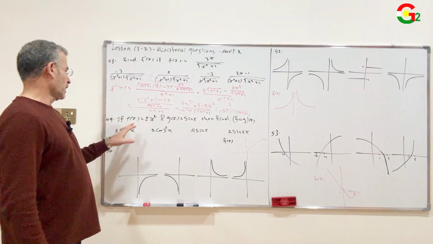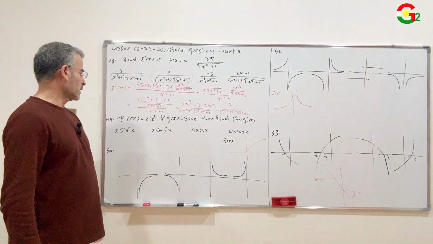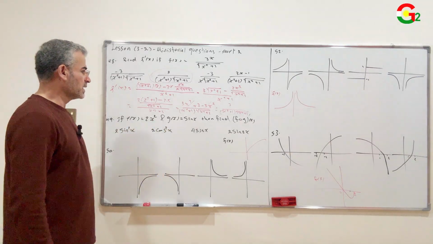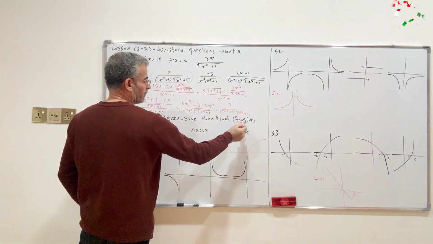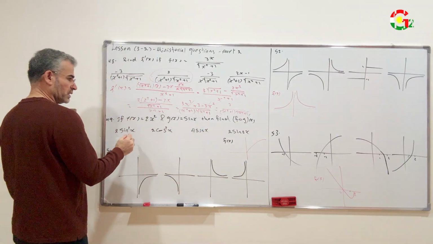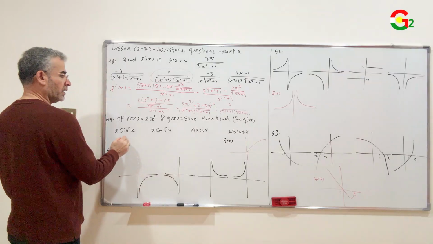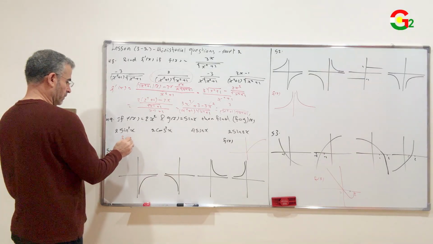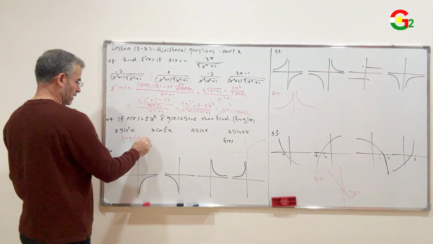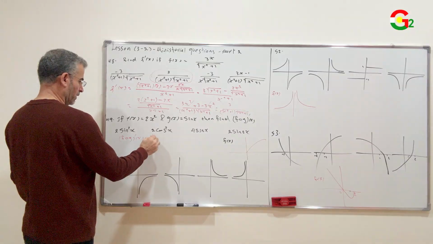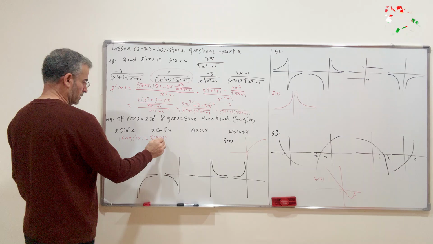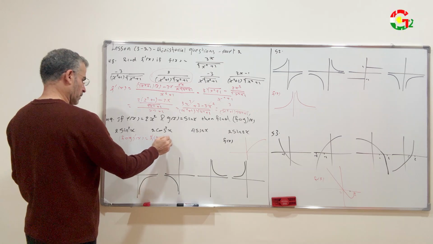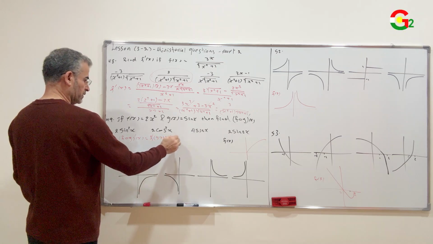Question number 49. If f of x equals x^2 and g of x equals sine x, then find the derivative of f of g of x, the composite function. The derivative of it equals the derivative of f at g of x times the derivative of g of x.